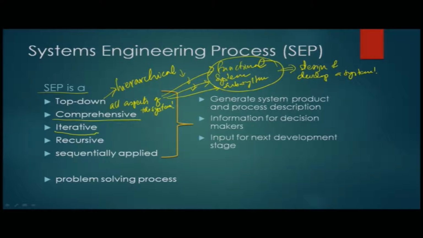Then it is iterative, means it is repetitive is the better way to think about it. Let us say we keep an endurance of 12 hours, everybody agreed about this, and then at some point of time, taking the UAV as an example, we came up with, okay, we also need to integrate synthetic aperture radar as a payload.